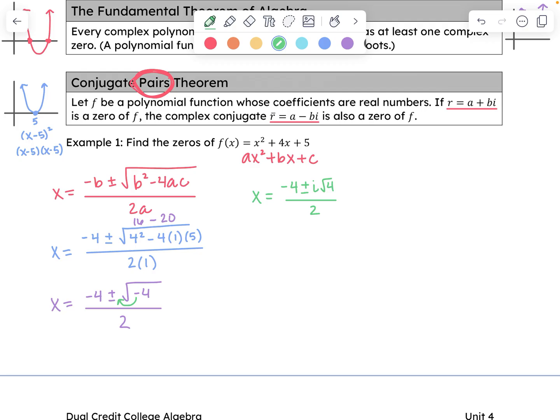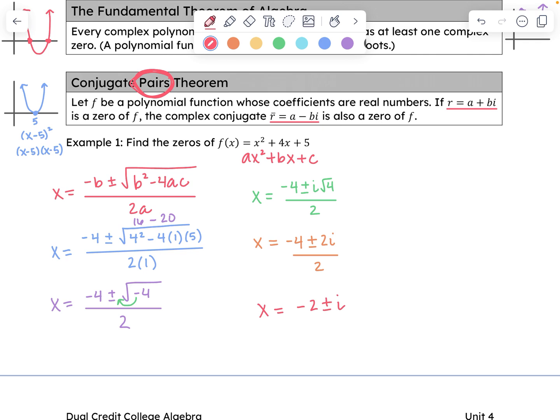So I can write this as x equals -4 plus or minus 2i all over 2. Then the last thing I need to do from here is actually divide. If I have -4 plus or minus 2i, both of those can be divided by 2. So I would go ahead and write it as x equals -2 plus or minus i. -4 divided by 2 is -2, and 2i divided by 2 is just i.